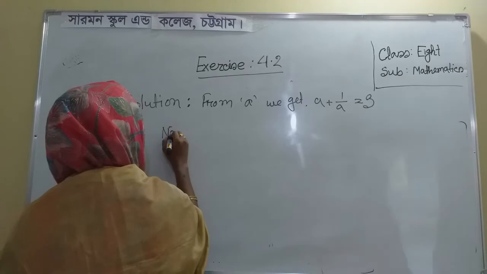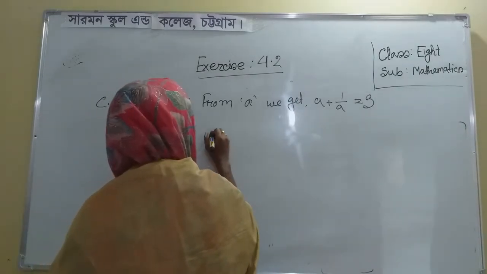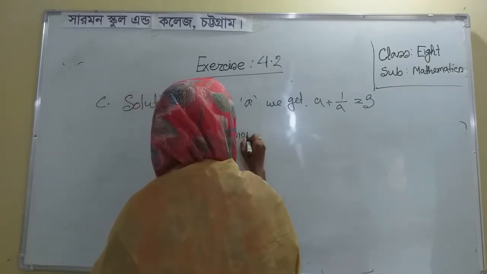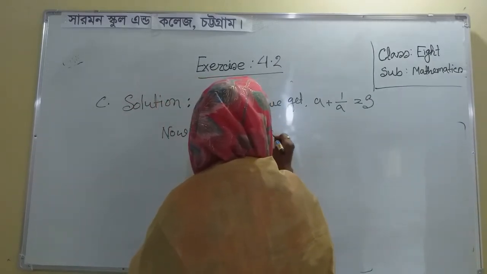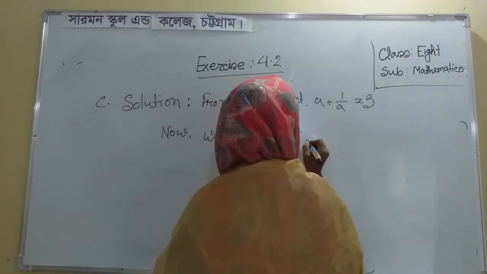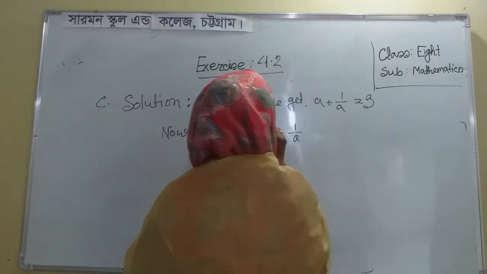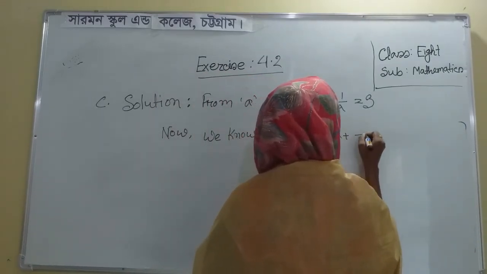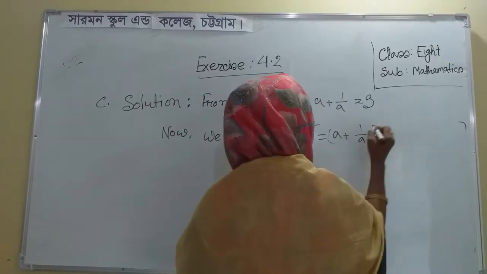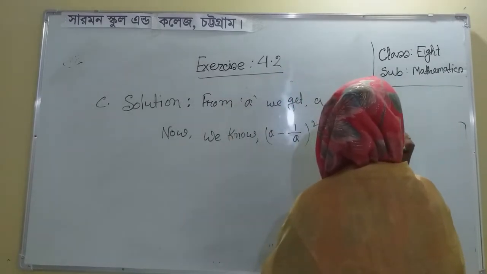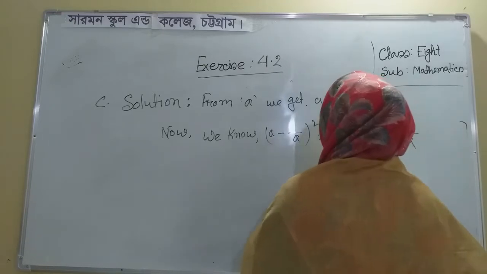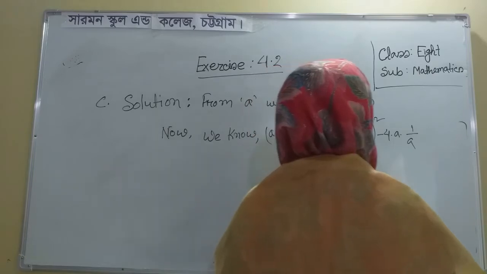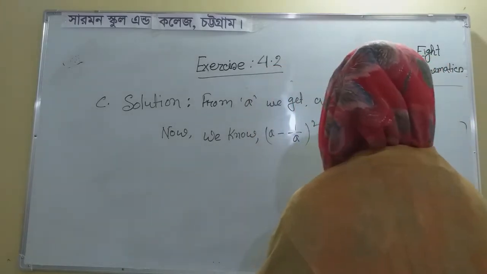Now we know a minus 1 by a whole square equal to a plus 1 by a whole square minus 4 into a into 1 by a.